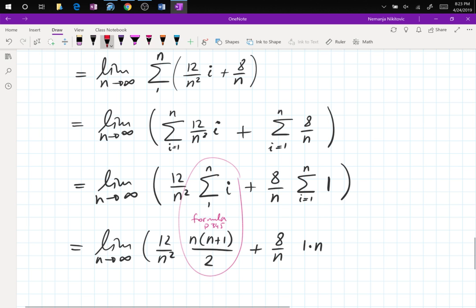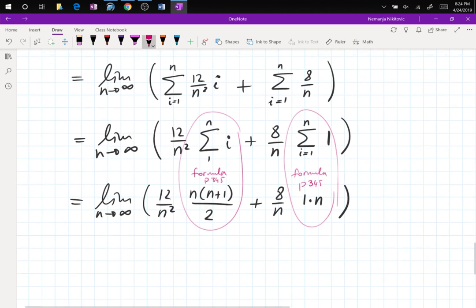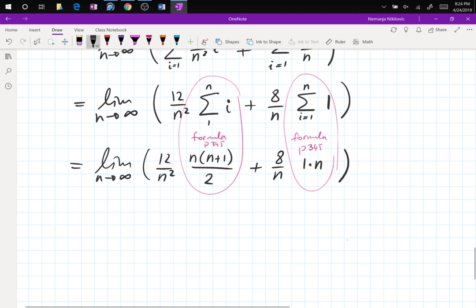And I'm going to again circle these 2 puppies, forgot to close parenthesis, and say formula, page 345. So now, limit n goes to infinity, 12 and 2 cancels, and you distribute everything up there. That's going to be 6n squared plus 6n divided by n squared plus n, and n cancels, you just have 8.